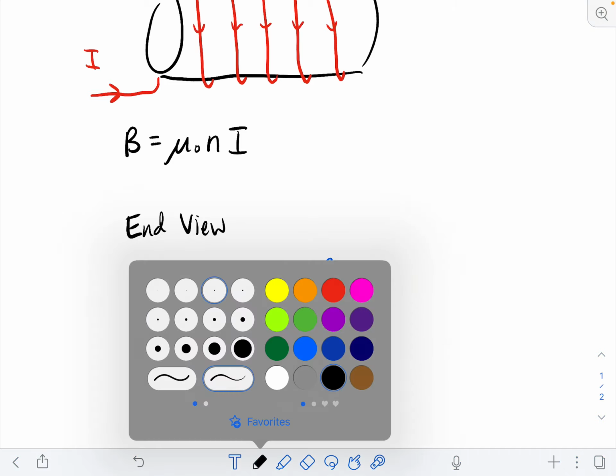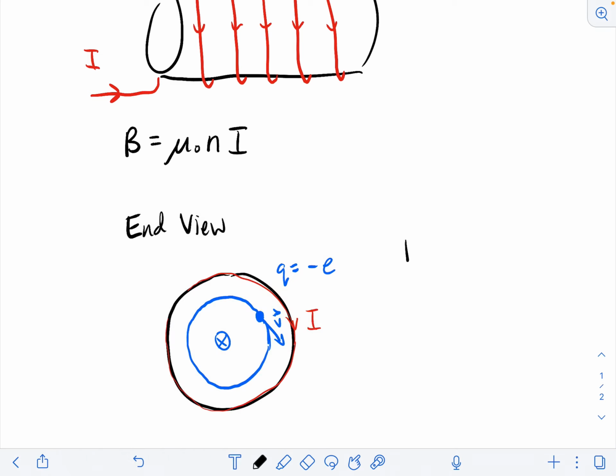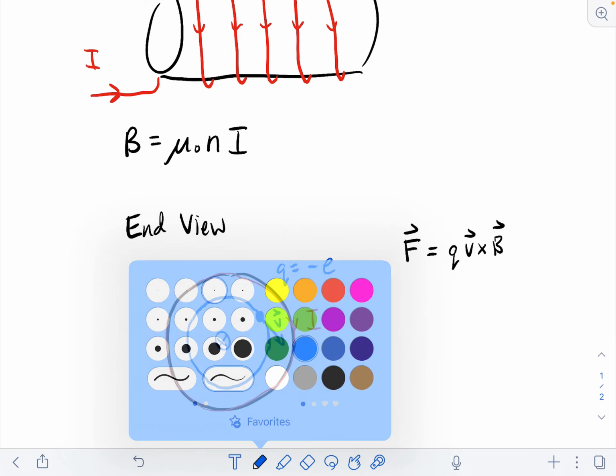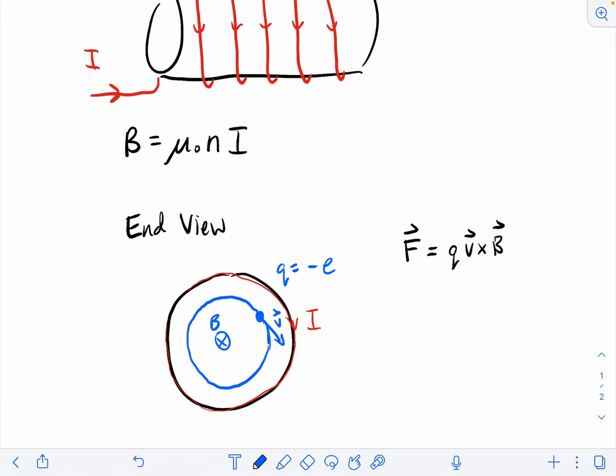Okay, so the force on a charge moving in a magnetic field is q v cross B. The velocity and magnetic field are perpendicular to one another, so the cross product just ends up being v times B, and the magnitude of this force is qvB. Like I said, if you do the right-hand rule, you should get a force that points towards the center of the circular motion.